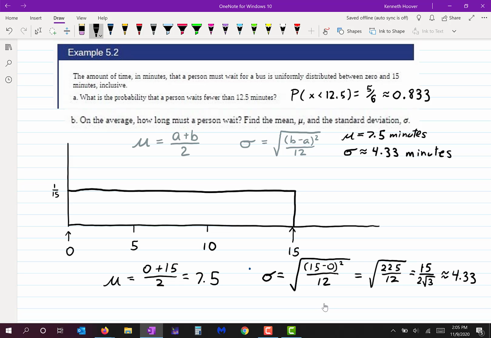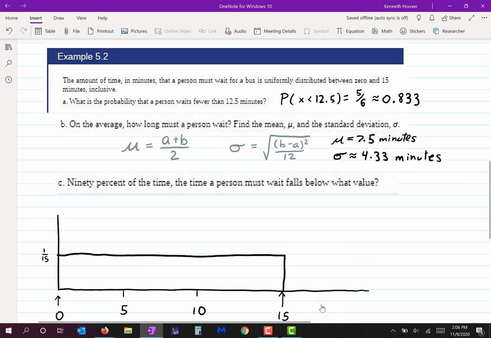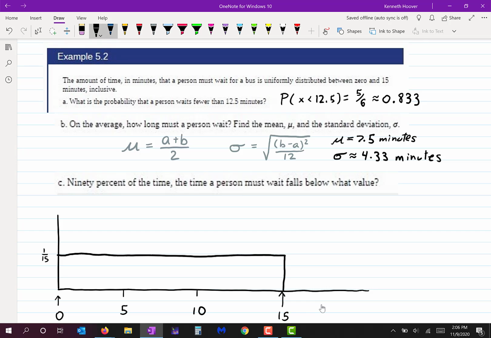And now let's do one more example about this same situation. Question C says 90% of the time a person must wait falls below what value? What are they talking about there? Here's what they mean.